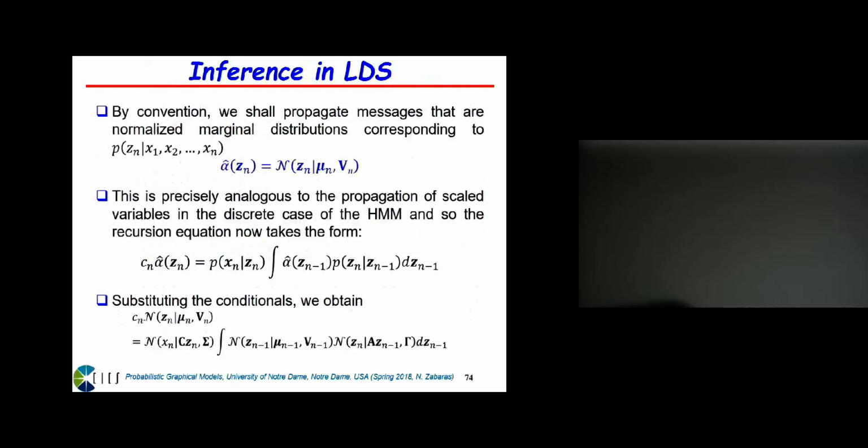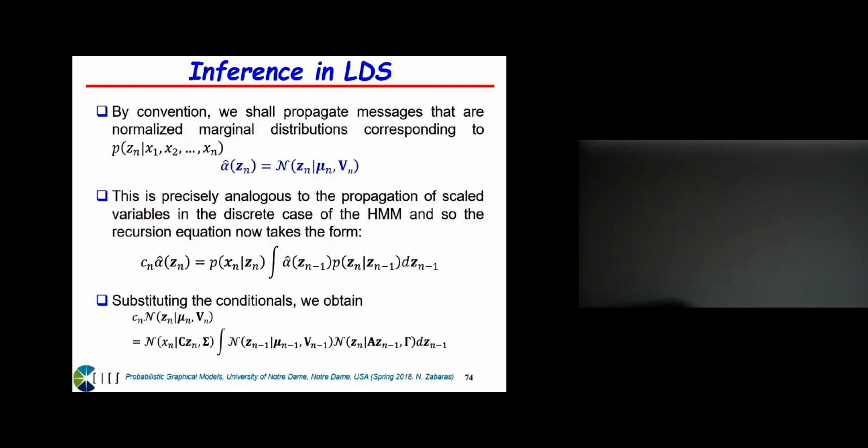All right. So let's derive the forward equations for these alpha messages, and discover that these equations are really the Kalman filter equations. Since this is a forward algorithm and everything is Gaussian, I am going to denote the alpha message corresponding to state Zn by its mean and variance, mu n and Vn.